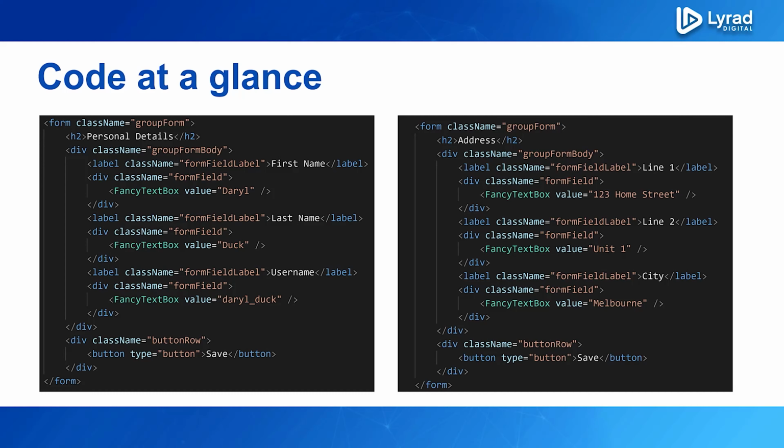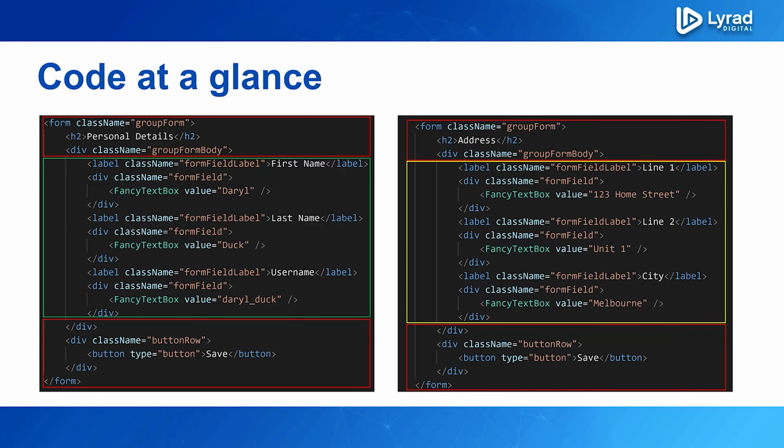Now, if we break it down and look at what the common parts are, you can see that they're illustrated here in the red box. So these are things that we could reuse in our application, and we can wrap the unknown part, which is the bit I've just highlighted. So the green on the left and the yellow on the right are bits that could potentially change over time, or can be changed in different parts of the application.